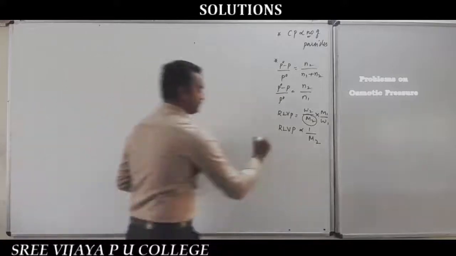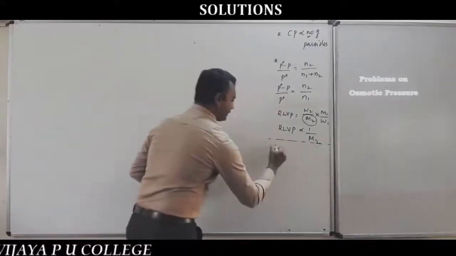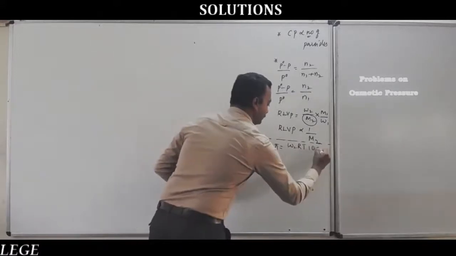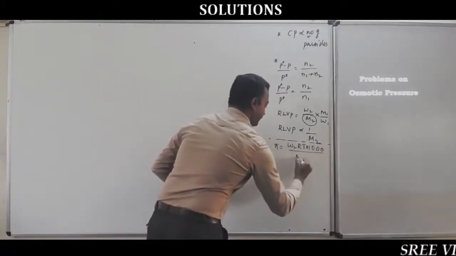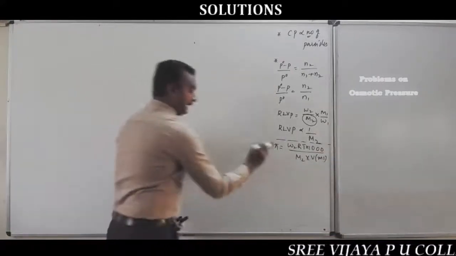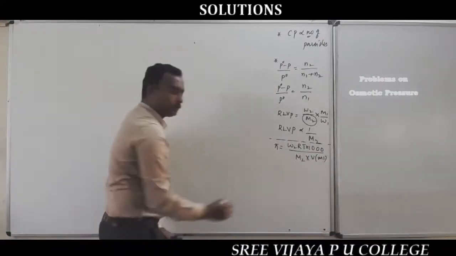Again, let me take the osmotic pressure. Osmotic pressure π is equal to W2 RT into 1000 divided by M2 into V in ml. Just remember this formula. In this case, π is inversely proportional to the molar mass of solute.